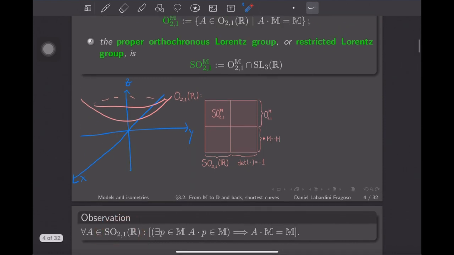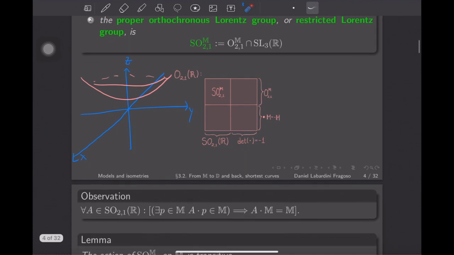Okay, but now Minkowski's hyperboloid is connected. So if I take a matrix and there is some point that under the matrix lands in M, then the whole M lands in M, and this is just by continuity.